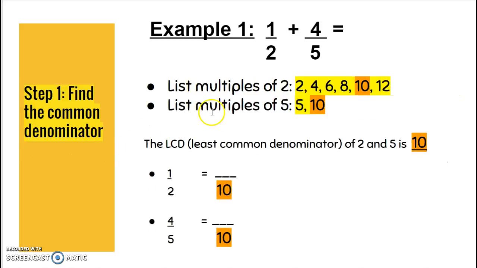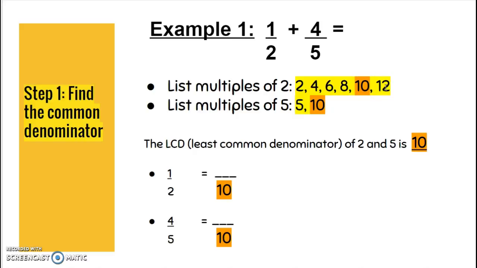So think about it. You may not know how many multiples you need to list out, but you might start by listing like 2 times 1 is 2, 2 times 2 is 4, 2 times 3 is 6, 2 times 4 is 8, 2 times 5 is 10, and 2 times 6 is 12.